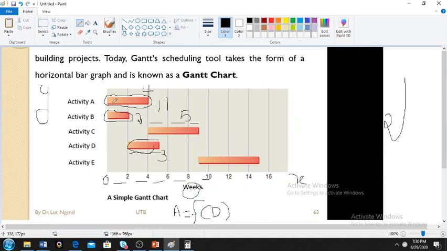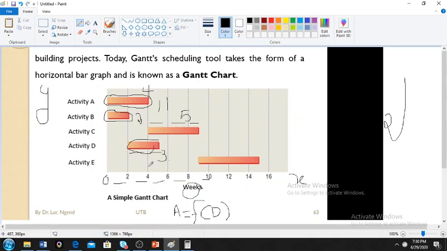Just understand that activity A takes 4 weeks, because it takes these 2 plus 2, 4 weeks, and then B starts in parallel with A, but it takes 2 weeks. C will start after A and will take 2 plus 2 plus 1, 5 weeks. D will start after B and is going to take 2 plus 1, 3 weeks.